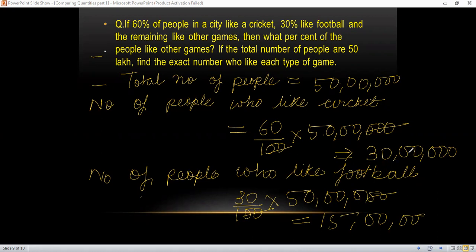So what we will do, we will add the value 30 lakh plus 15 lakh and then subtract the number from 50 lakh.